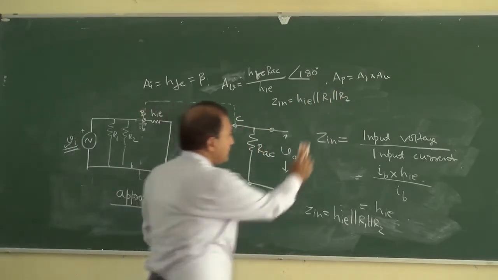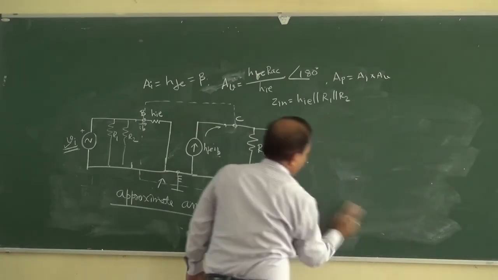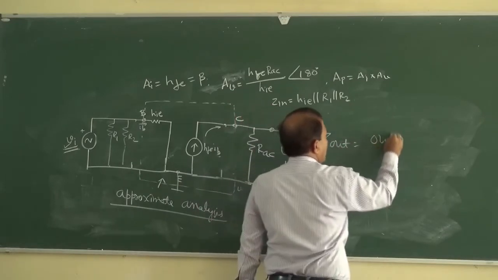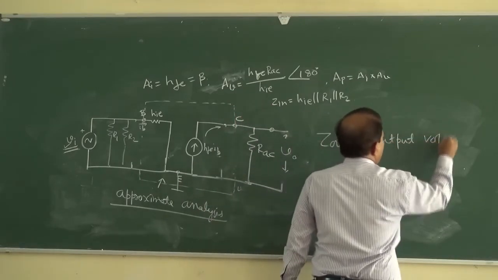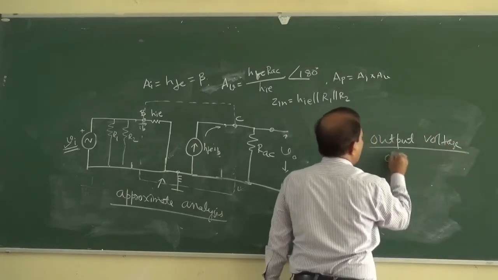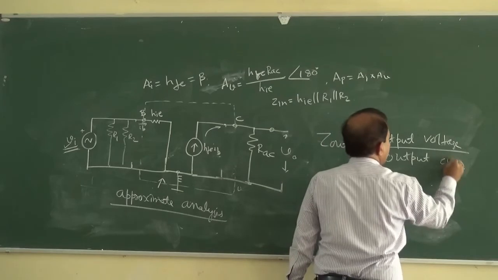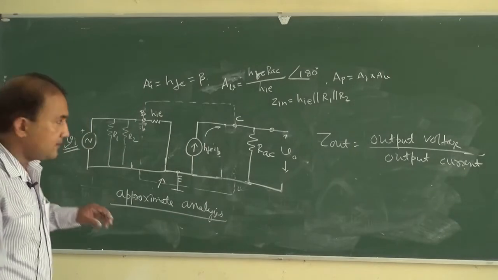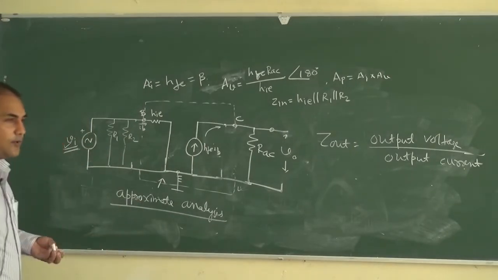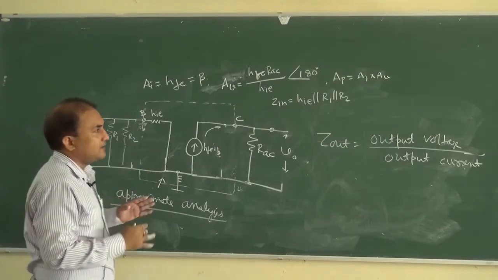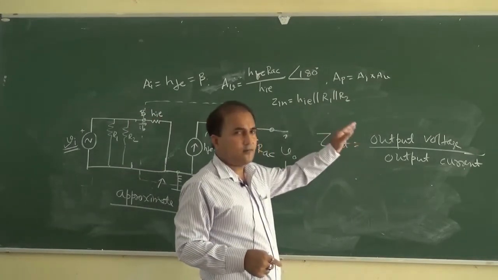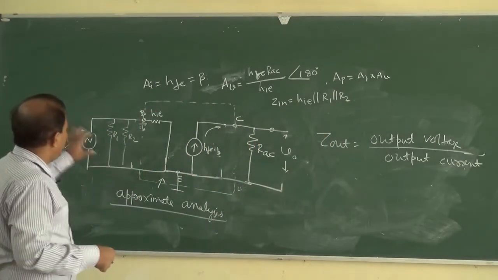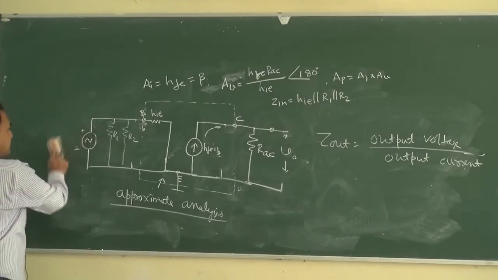Now we have to determine the output impedance. Zout is equal to output voltage divided by output current. Output impedance we can get by using this formula. For considering Zout, we take Vi equal to 0.